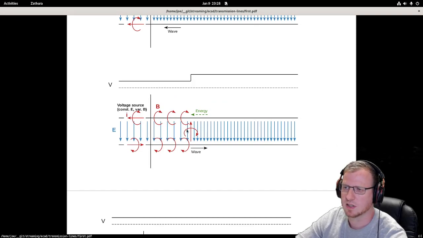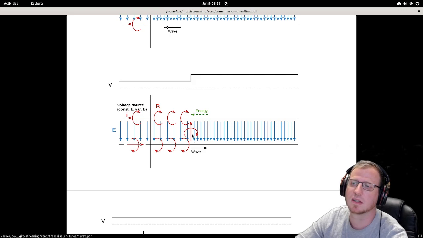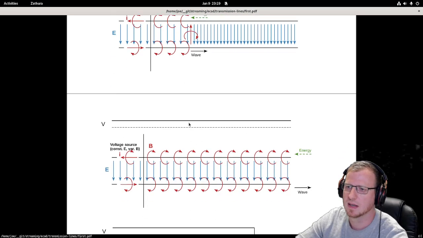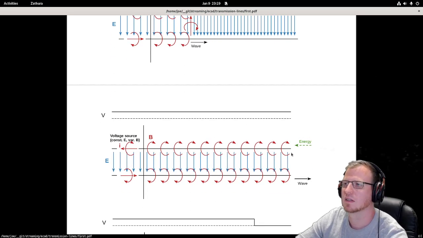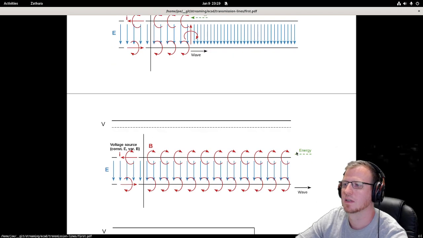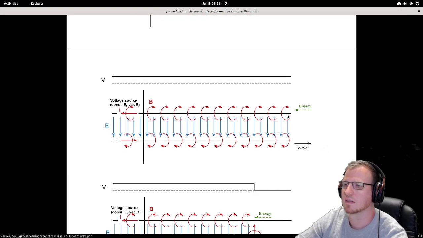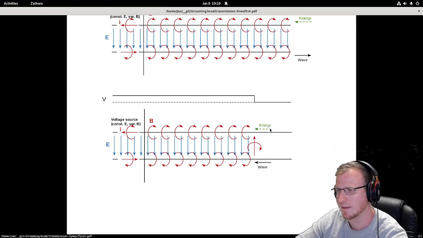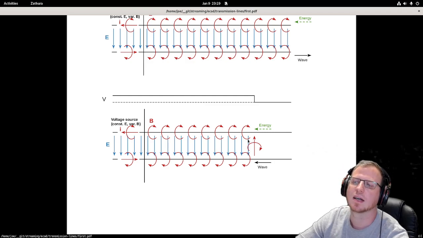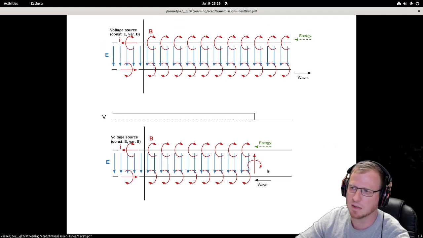This destruction of the electric field, removing of the electric field, half of it, but it's not enough. It continues to suck the energy out of the transmission line, and therefore the remaining energy of the electrical field is removed.